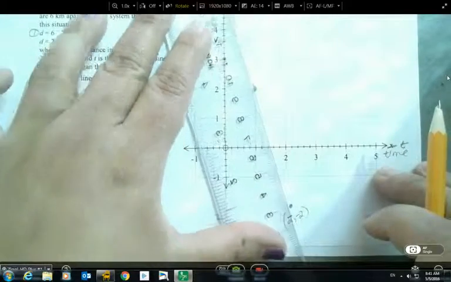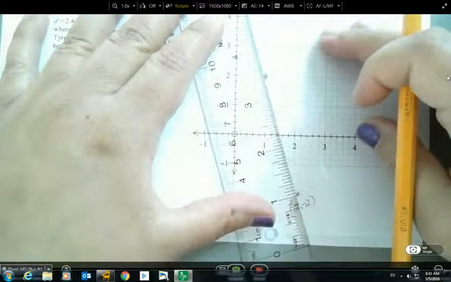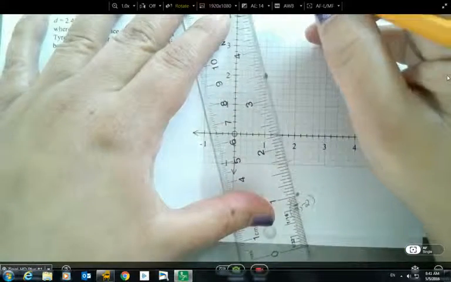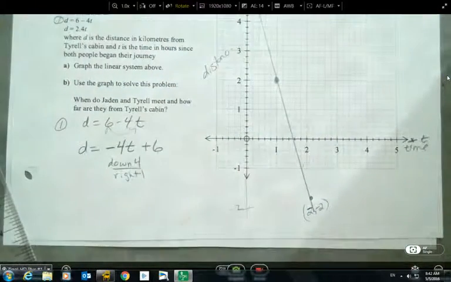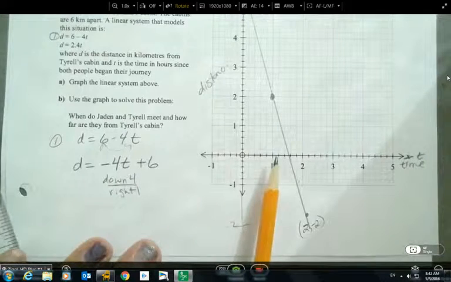So if I can get a straight edge and draw that in. Okay. Now, where would my graph stop for real?